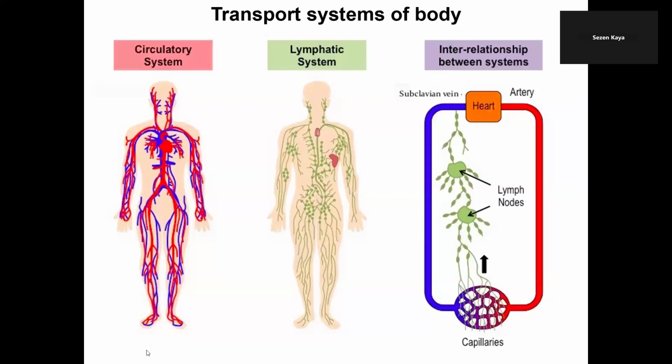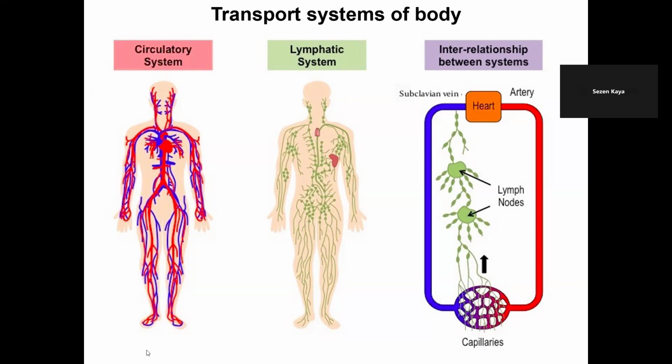Lymphatic system, according to anatomical classification, we can say is a separate system. Lymphatic system has its own capillaries and its own vessels and has lymphatic nodes.